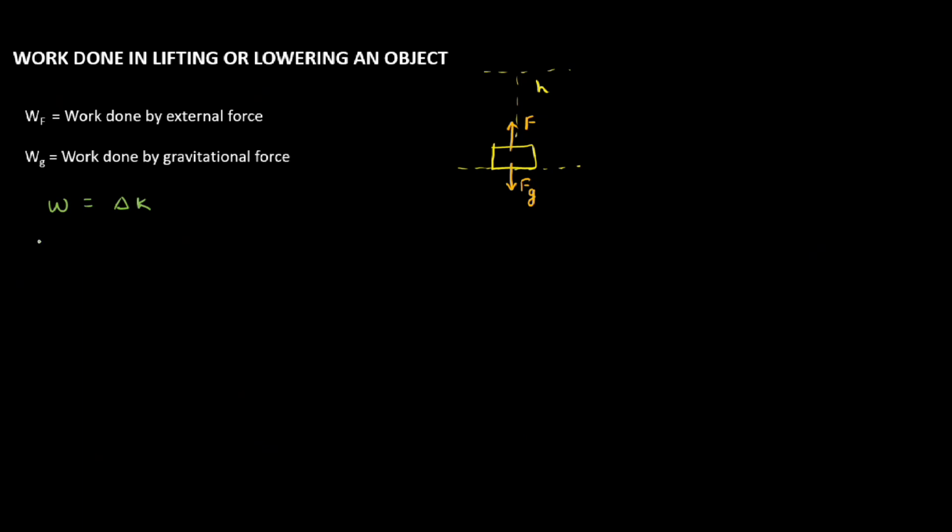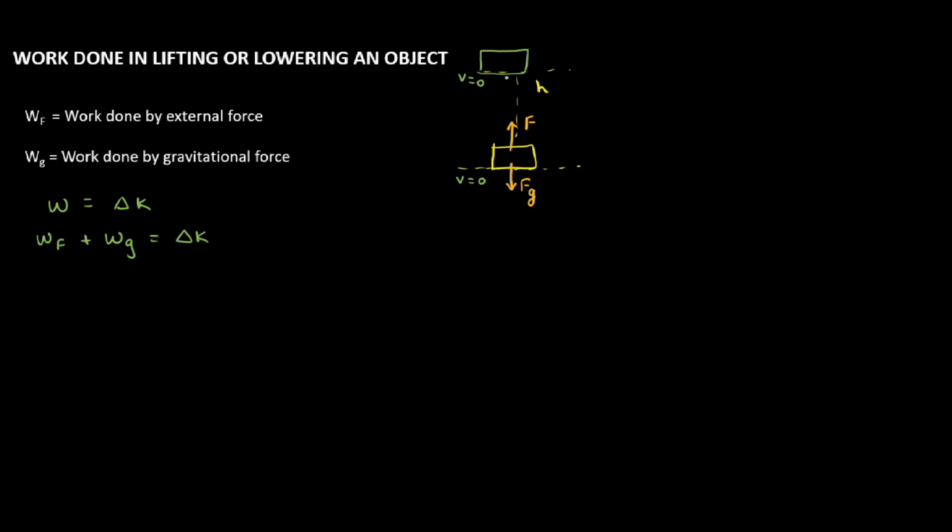And now my work done will be work done by external force plus work done due to gravity equals change in kinetic energy. Now when we are lifting or lowering the object, initially the object is at zero velocity. It is at rest. So velocity will be zero. And when you lift it at a certain height, even at this position, the object is at rest. So again, my velocity becomes zero.